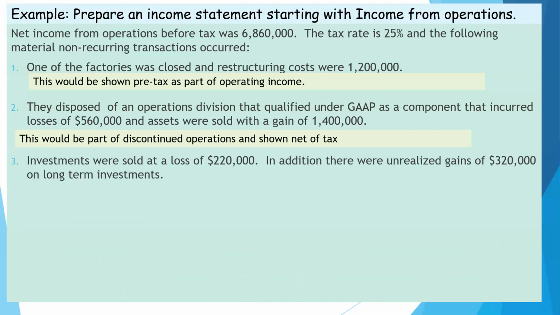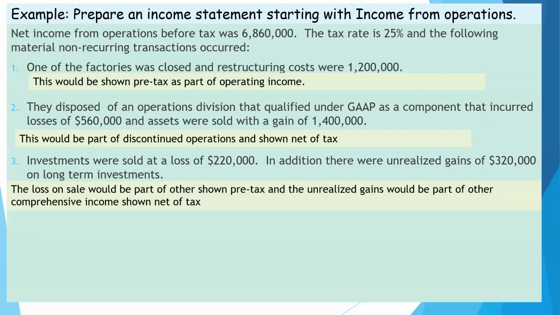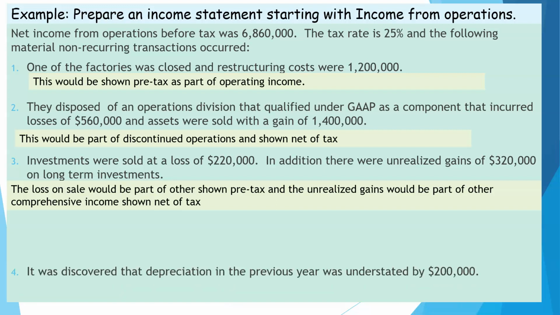Investments were sold at a loss of $220,000. In addition, there were unrealized gains of $320,000 on long-term investments. The loss on sale would be part of other, shown pre-tax, and the unrealized gain would be part of other comprehensive income, shown net of tax.